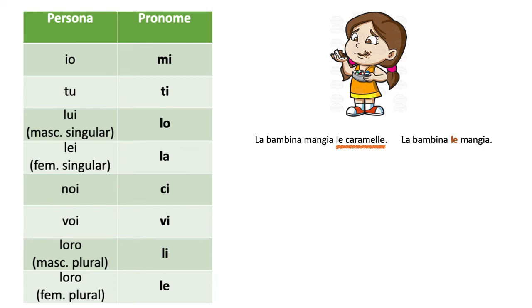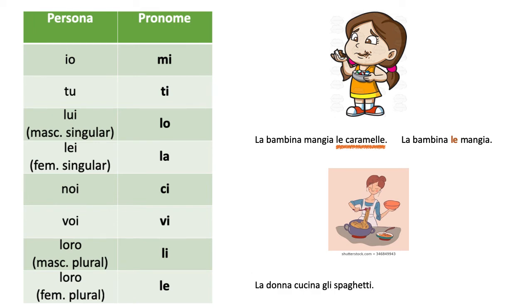Another example, we have a woman cooking spaghetti. How do we say the woman cooks spaghetti? La donna cucina gli spaghetti, right? Why is it direct object? Clearly the thing being cooked is spaghetti here, so gli spaghetti, that's our direct object. Now spaghetti, remember that is a plural, right? Uno spaghetto, one spaghetto is just one of the little noodles.